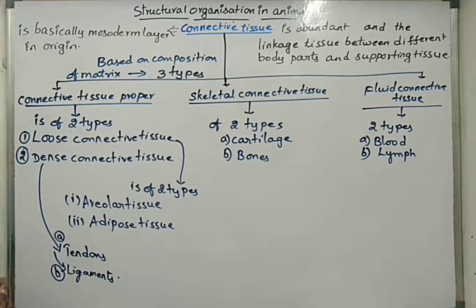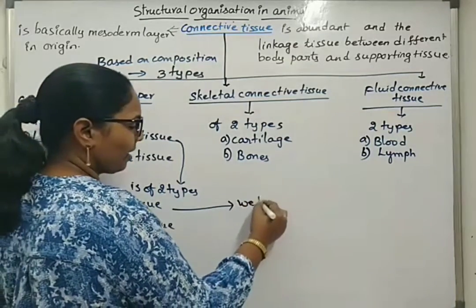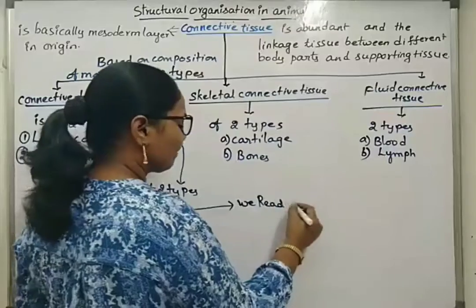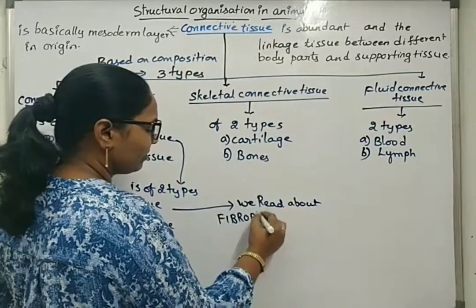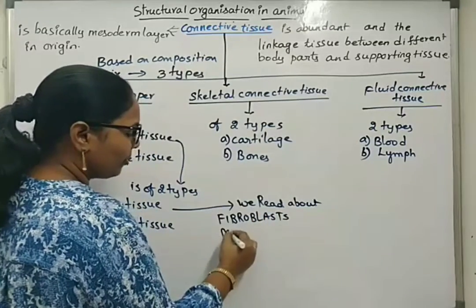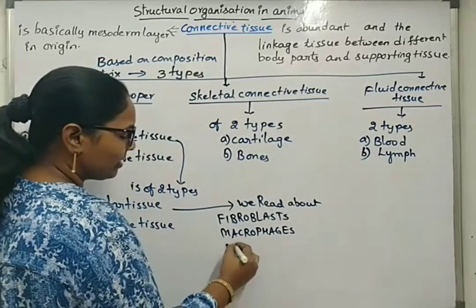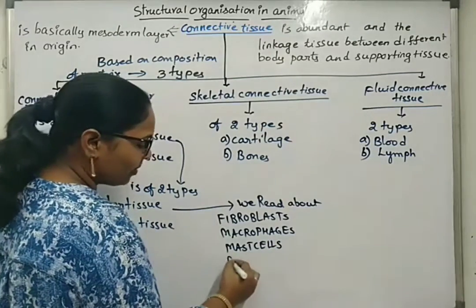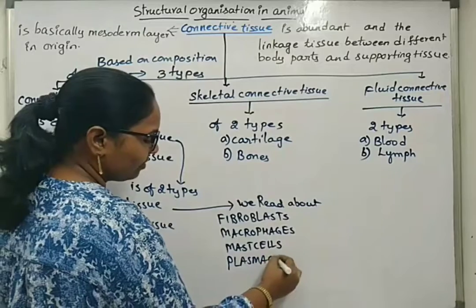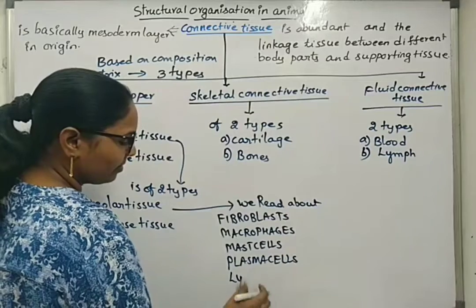Now we will start with areolar tissue and its other types. So under this we read about fibroblasts, macrophages, mast cells, next plasma cells, next lymphocytes.